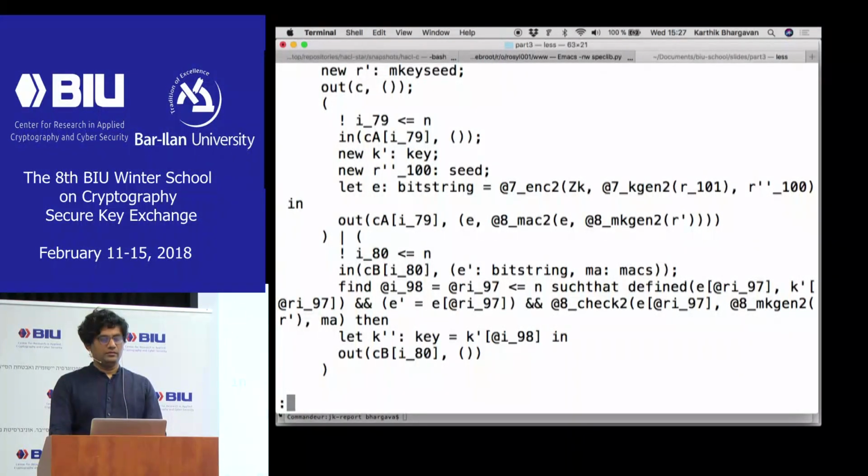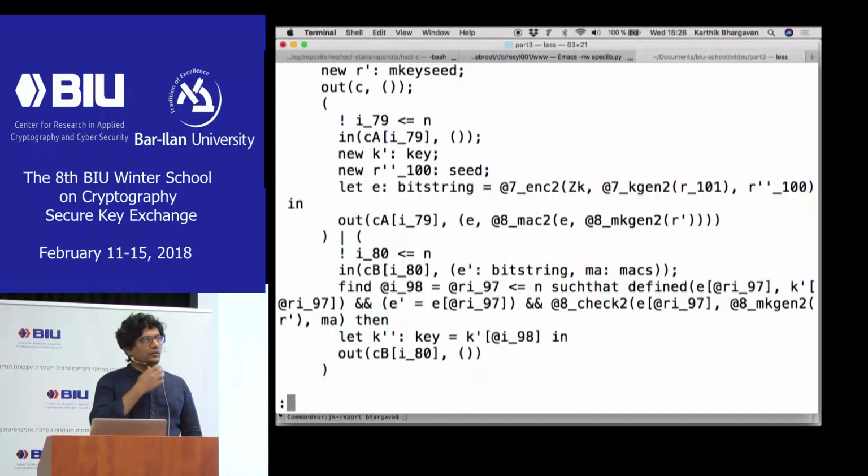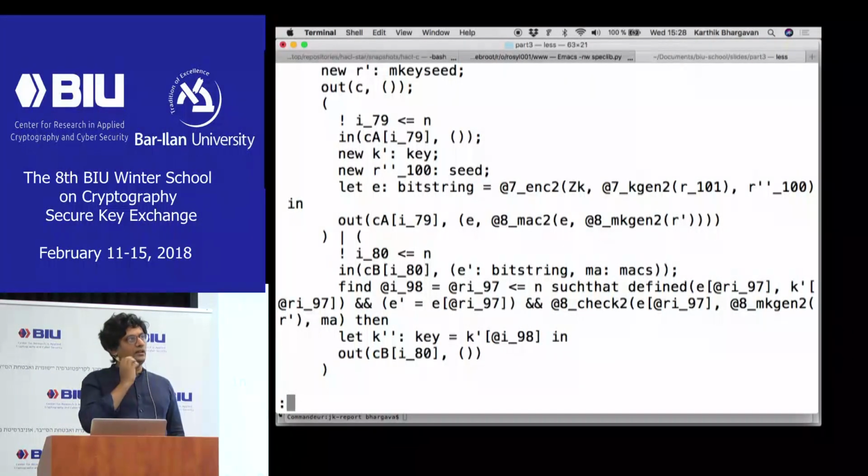Can you prove that the one-time pad is IND-CPA? So, I don't know. Normally in CryptoVerif, you don't prove that things are IND-CPA.